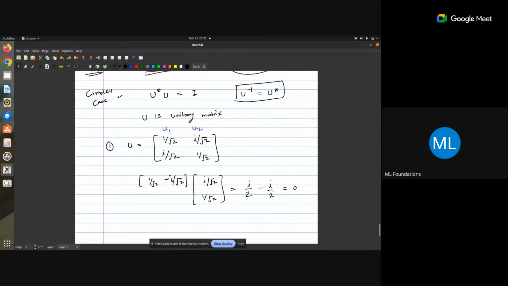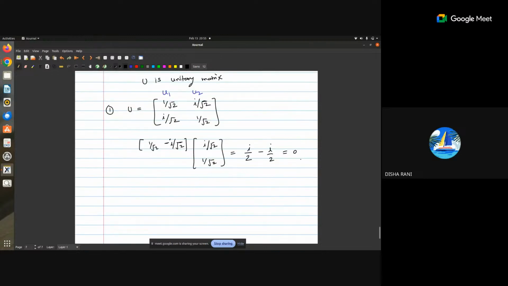Is that correct or no? Yes, sir. Sir, why have you written minus i by root 2? So basically what you are checking here is that they are orthogonal to each other, right? Generally, how do you check in the real case?